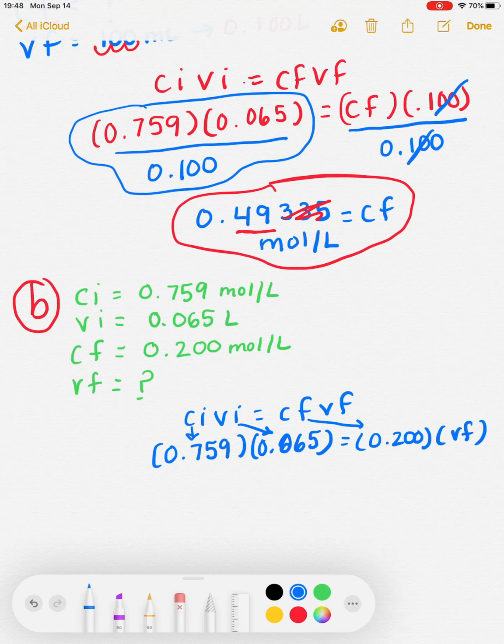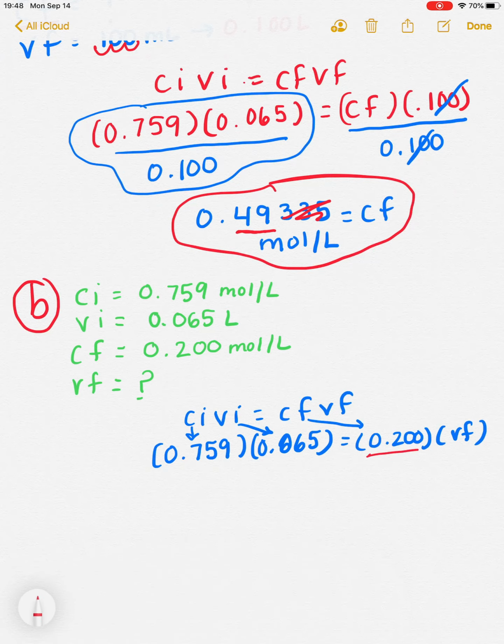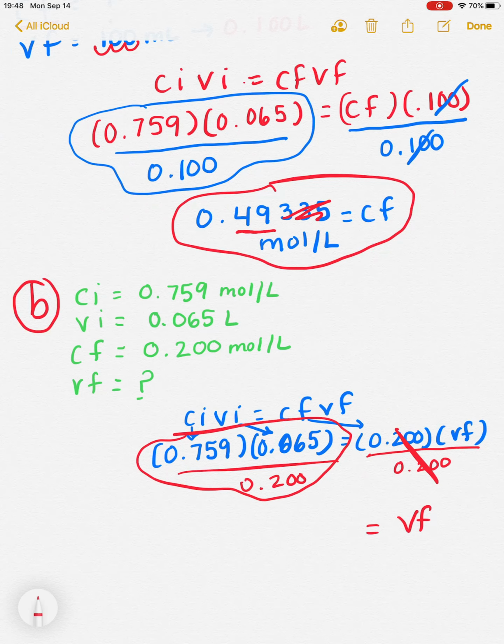All right, then we're going to solve. So again, moving our numbers to one side, keeping our unknowns on the other. That leaves us with VF is equal to whatever all this is. And we can plug that in our calculator.